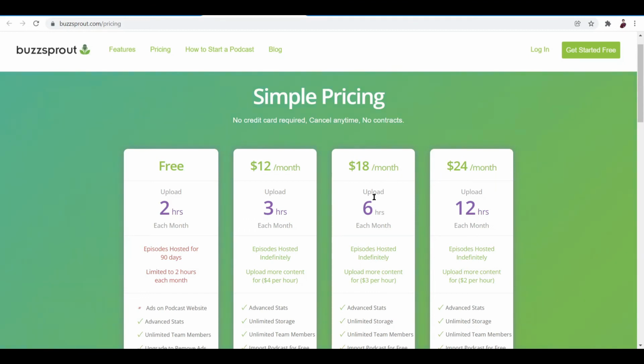And when you want to upload more, $18, that's 6 hours. Basically, it increases by $6, and it doubles. For example, at 2 hours, $12, you only get an hour extra. At 6 hours, $18, you get times two of this. And $24, which is $6 more, you get times two of 6 hours.